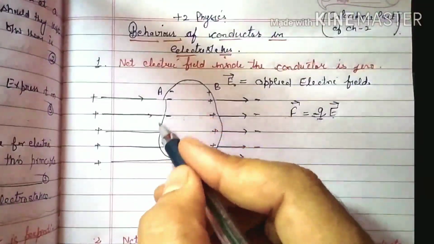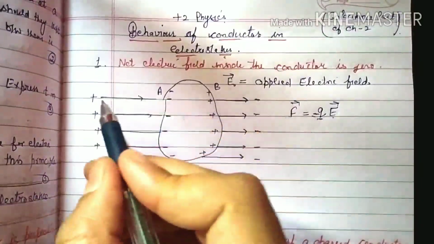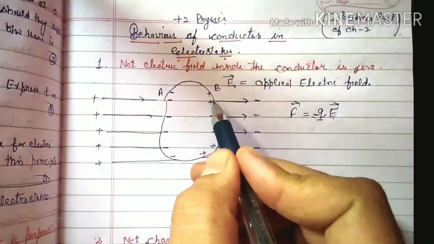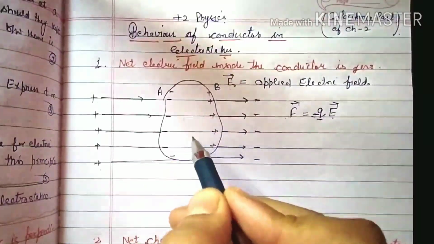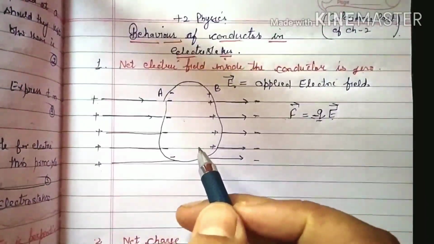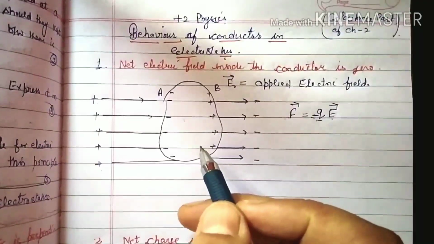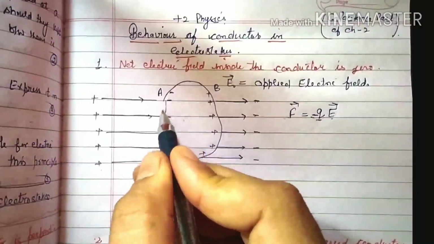So there is a rearrangement of the charge: negative charge near the positive charge and positive charge near the negative charge. So there is a rearrangement of the charges inside the conductor.